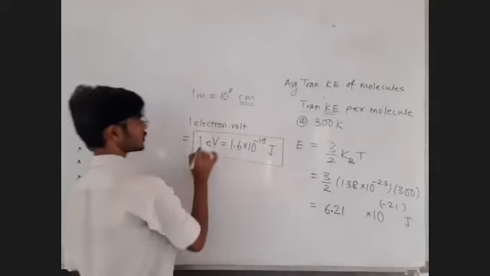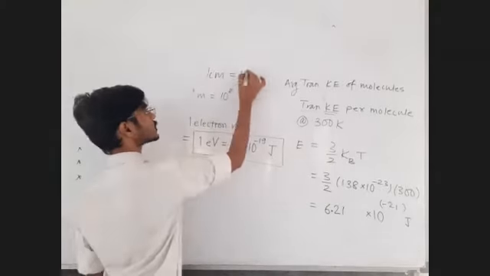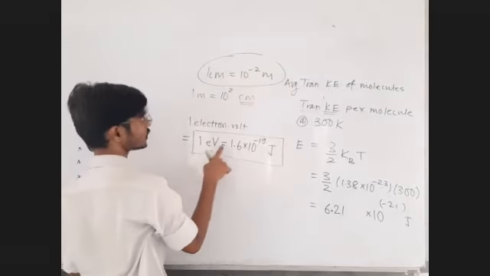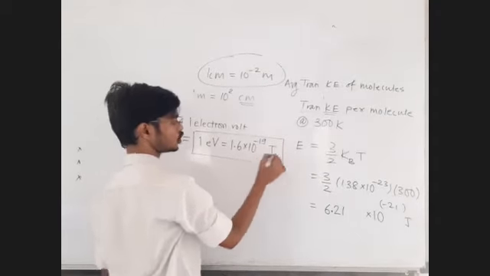Don't forget this. It is similar to 1 centimeter equal to 10 raised to minus 2 meter. Similarly, 1 electron volt is equal to 1.6 into 10 raised to minus 19 joule.